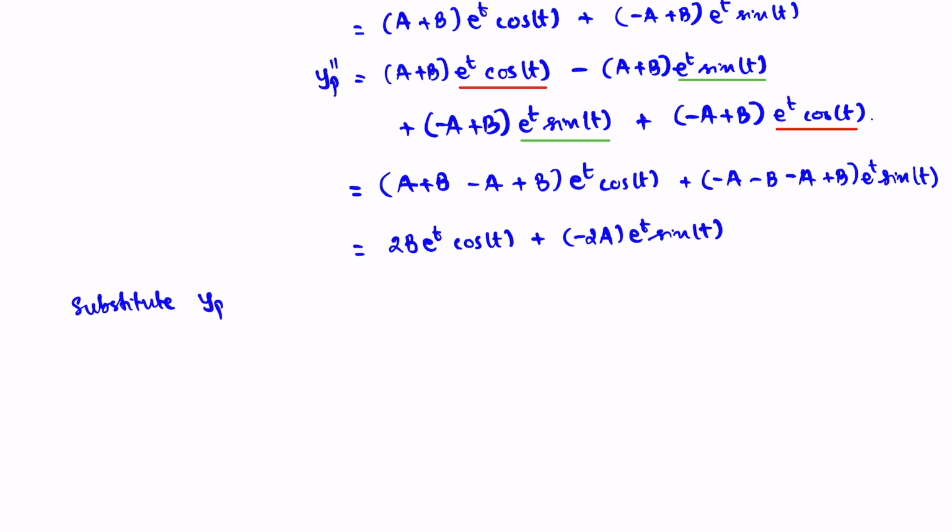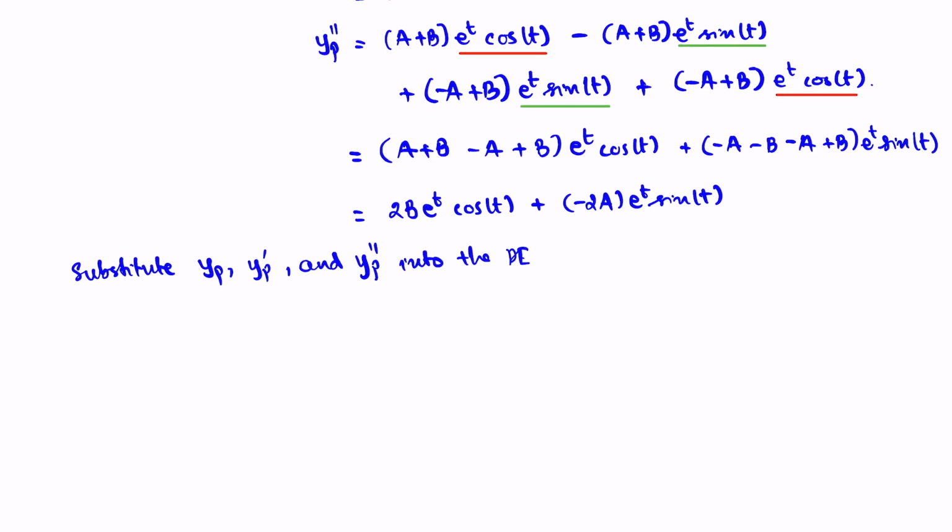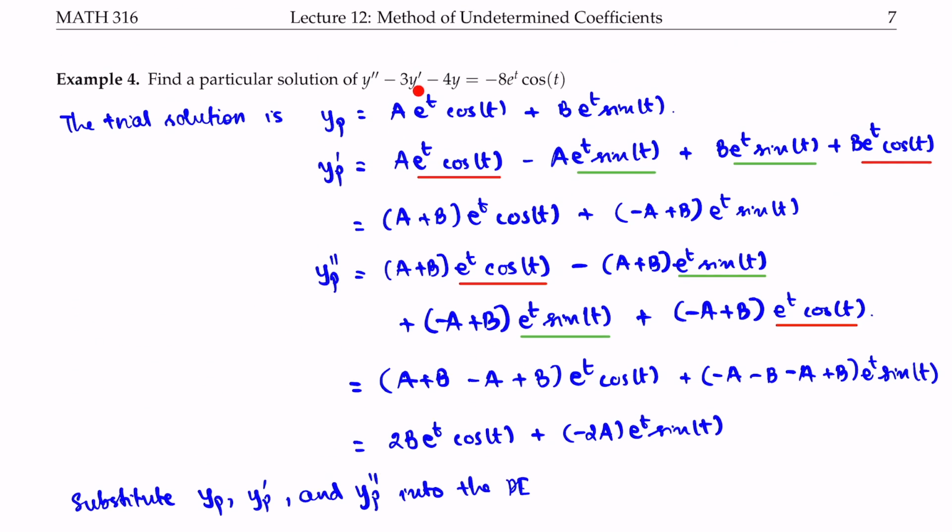y sub p, y p prime, and y p double prime into the differential equation. And this is what you got. So you got y double prime minus 3y prime minus 4y equal to negative 8 times e to the t times cosine of t.